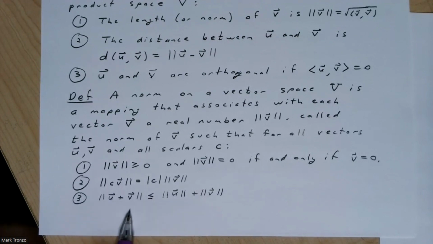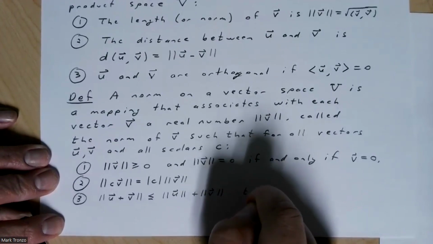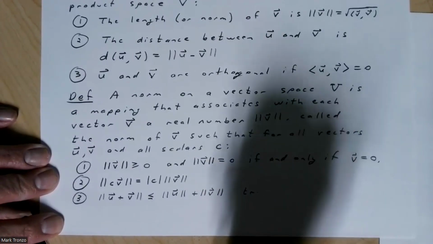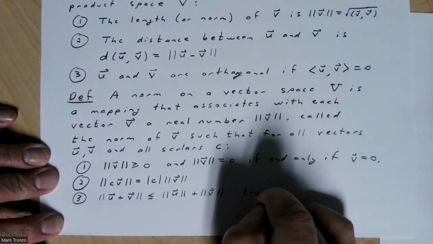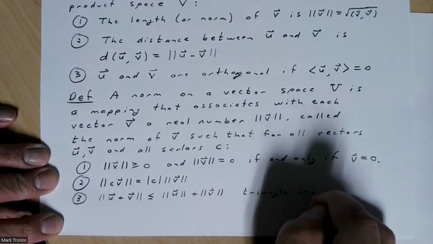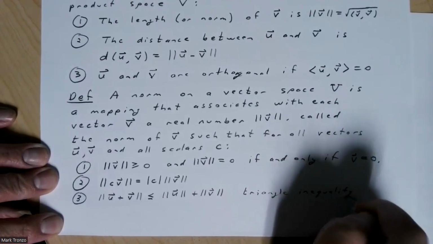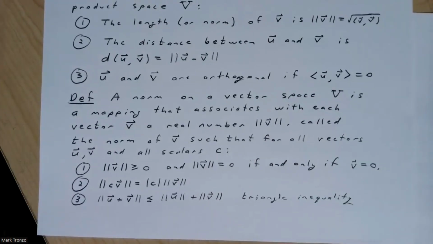And what's called the triangle inequality is that the norm of u plus v is less than or equal to the norm of u plus the norm of v. Again, this is the triangle inequality. So that's the most precise definition of a norm.